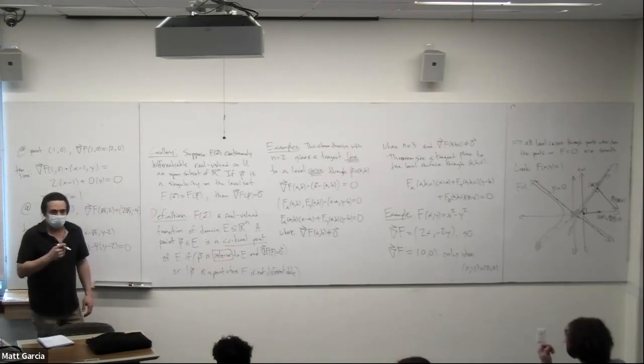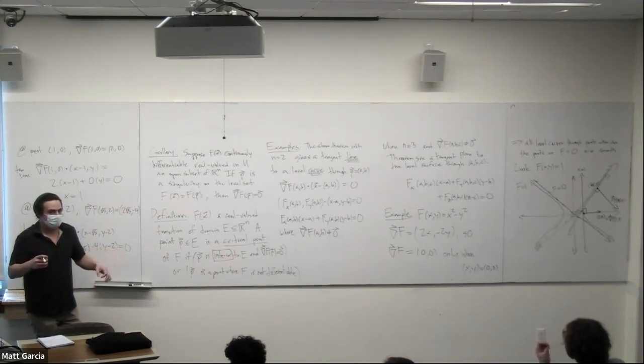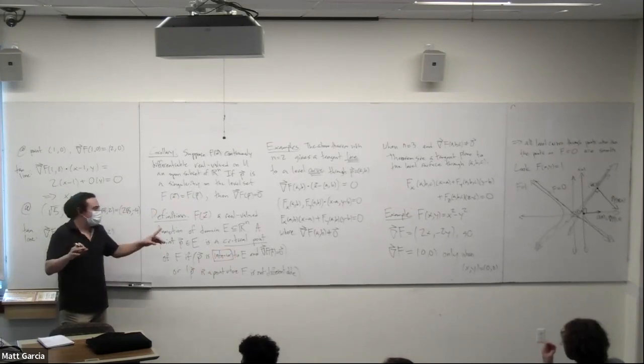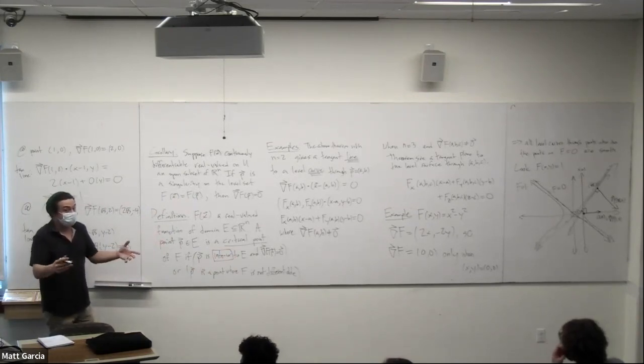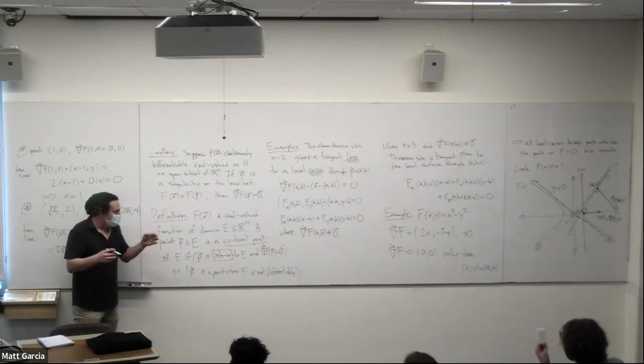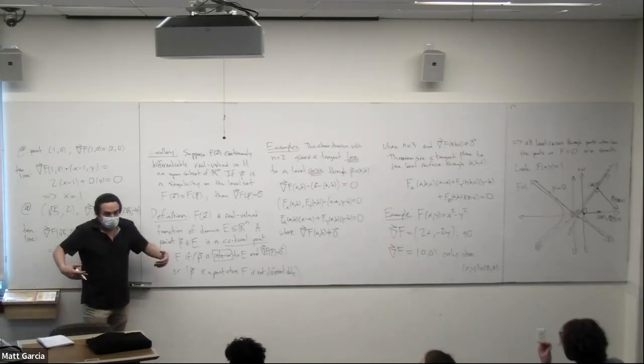Yeah, it's not on the boundary. Right? So it could still be contained in E. The boundary, since I made no restrictions on E, for example, if E is closed, it contains its boundary. But f is not differentiable at the boundary, right? Because remember, to take a derivative, you have to take limits coming from every direction.